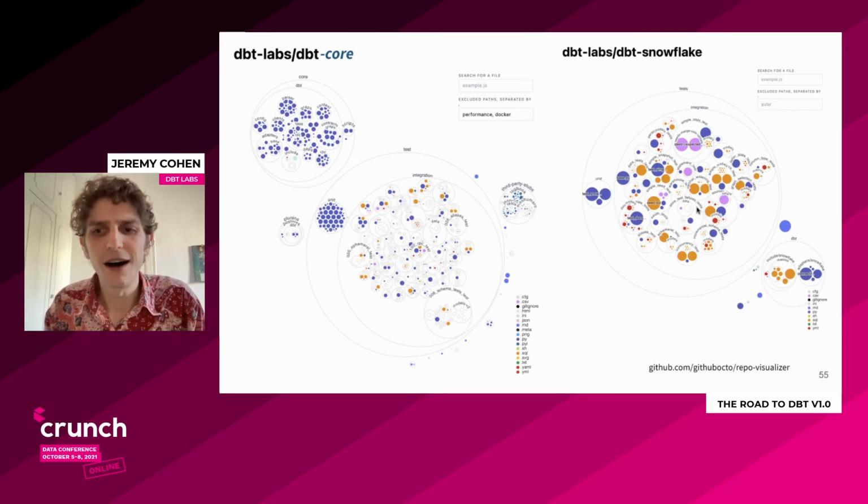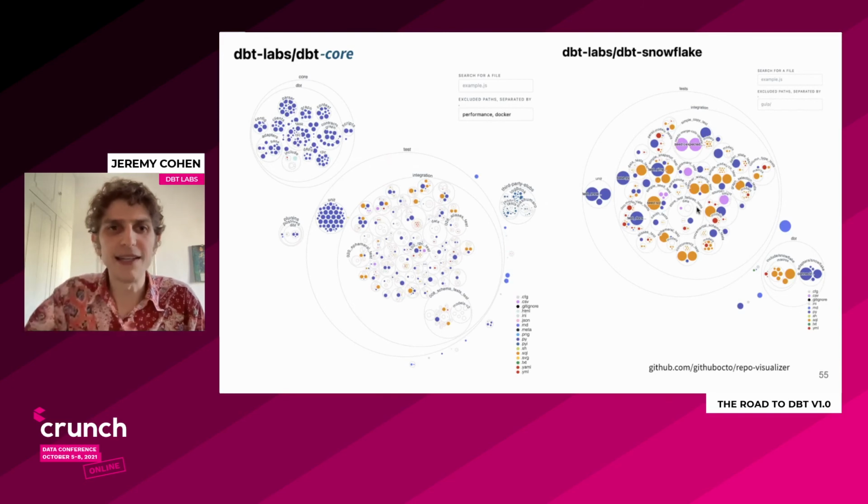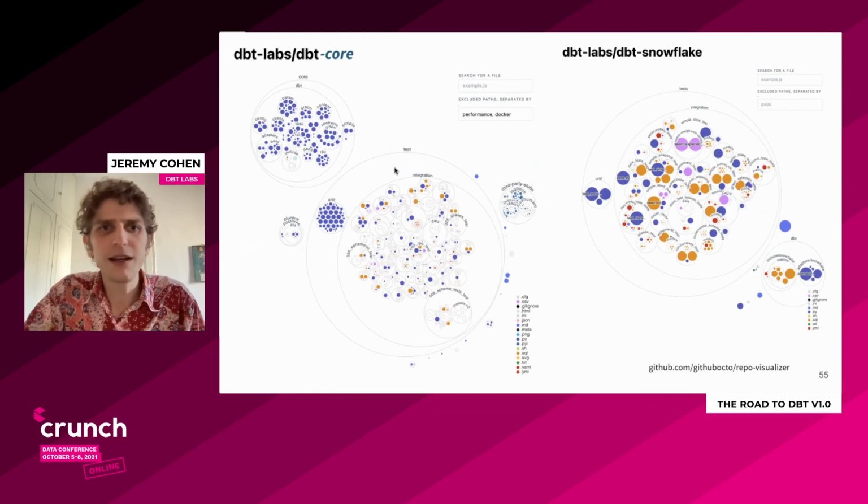This is using GitHub's experimental repo visualizer tool. I really like it. I think it's cool to look at a code base this way and to see all that goes into the core dbt functionality, all that goes into testing it versus what it looks like to have a really well plugged in and maintained and tested plugin.